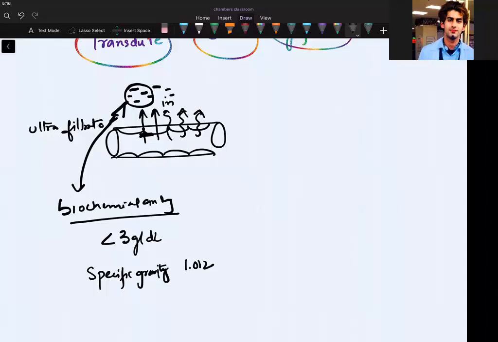Otherwise you will start abusing me. So in this case, just remember the solute is not so much there. That's why specific gravity is decreasing. I'm not giving a perfect definition of specific gravity, but since we have come into this, we have to remember that it will decrease. It would be less than 1.012. This you have to remember.